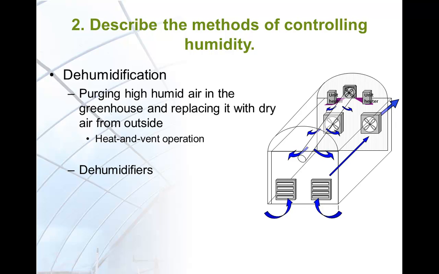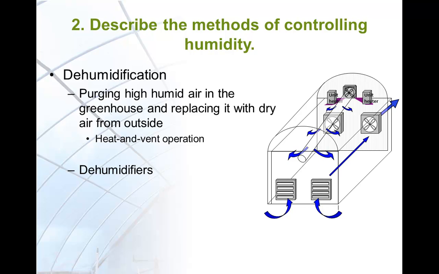The disadvantage of this operation is that since there's only a very small time delay between the heating and venting operation, the heated air from the heating operation only has a very short time to absorb the moisture in the greenhouse. That said, vented warm air contains less water than what is desired.